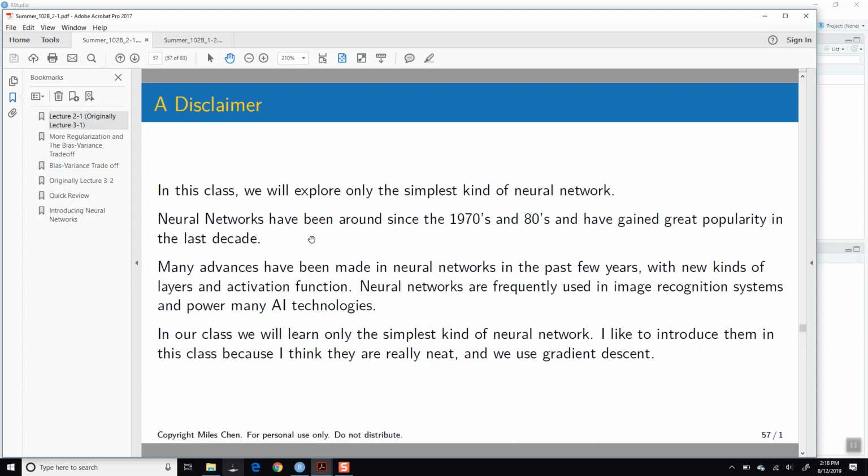Okay, and so we're just going to explore the simplest kind of neural network. This is going to be a 3-layer, or single hidden layer, neural network. This is the simplest of its kind. They've actually been around for a long time, but they are very computationally expensive, and so only recently, with our computational power of GPUs and stuff, have we really been able to implement these at higher levels.